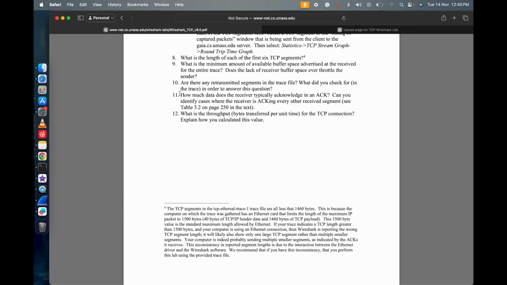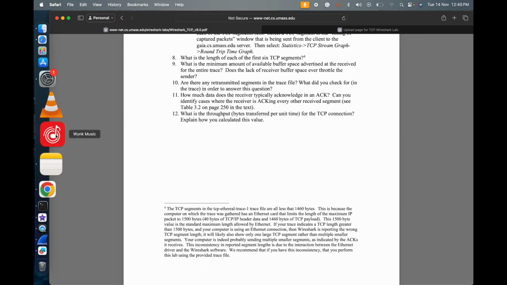Next question: how much data does a receiver typically acknowledge in an acknowledgement, and can you identify cases where the receiver is acking every other segment? See, for this we must check how much data has been acknowledged.